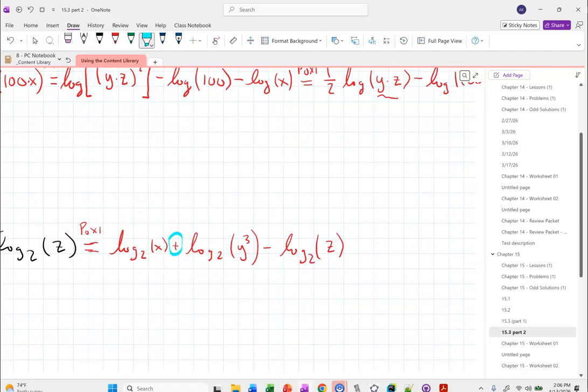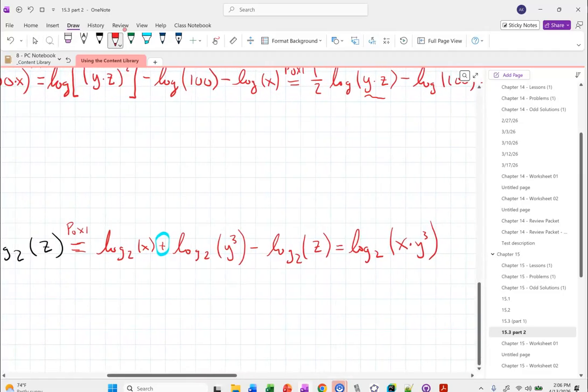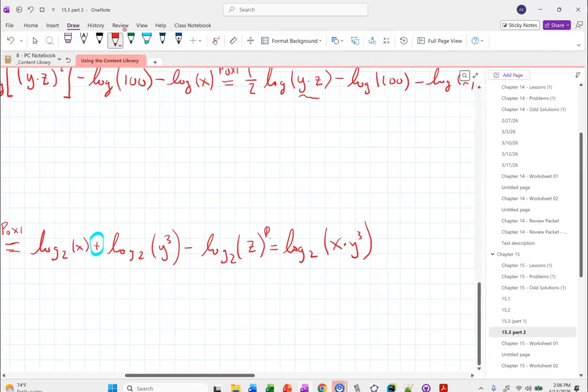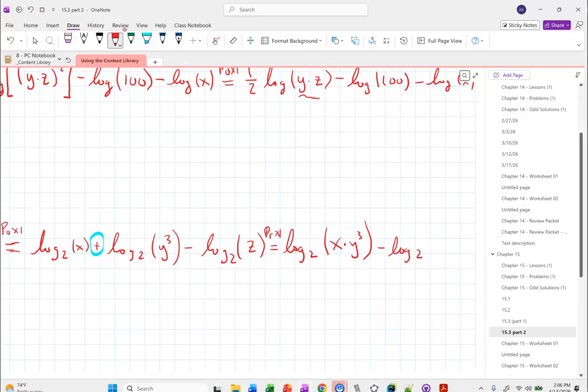One, because of the addition. So the product property is going to take that addition outside the logarithm and turn it into multiplication inside the logarithm. Is everybody okay with how we did that?